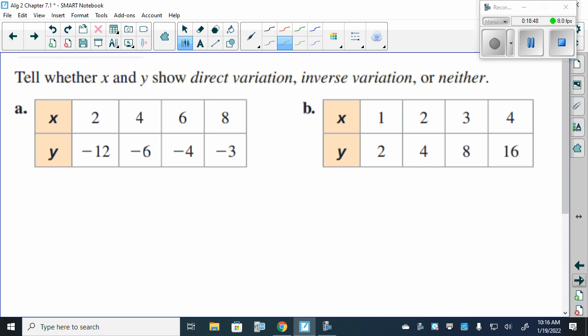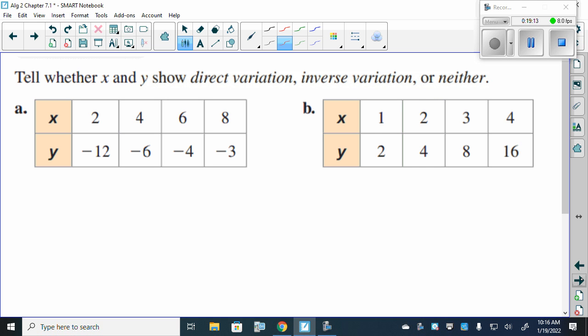Tell whether x and y show a direct variation, inverse variation, or neither. When we talked about these, as one increased, the other increased. As one decreased, the other decreased. And they do this in a uniform manner because they all have a constant term a. There's a constant term for each one. Most of the time, we've been switching between the two forms.